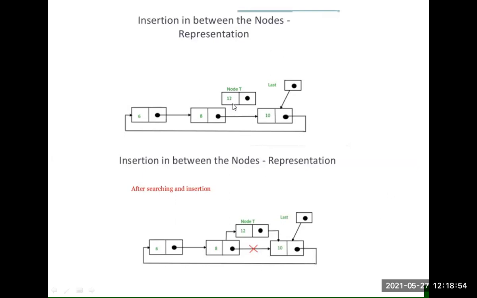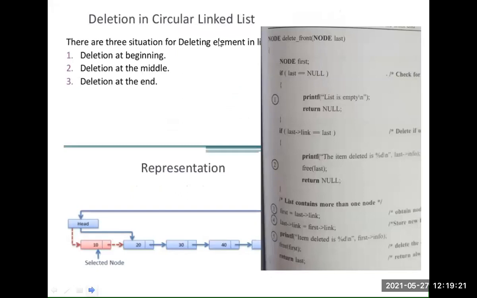So I want to insert 12 in between 8 and 10. So at the third position I want to insert. So if i equal 0, i less than position minus one, just like a single linked list. You just check the position, then you have to insert here. Which position you have to store, that is the same concept here.